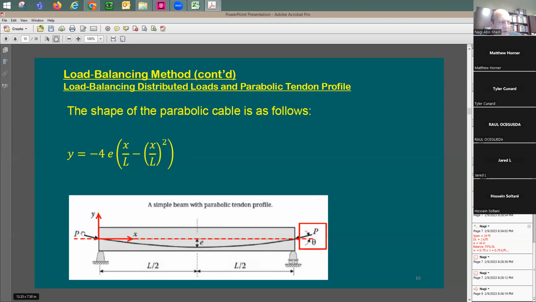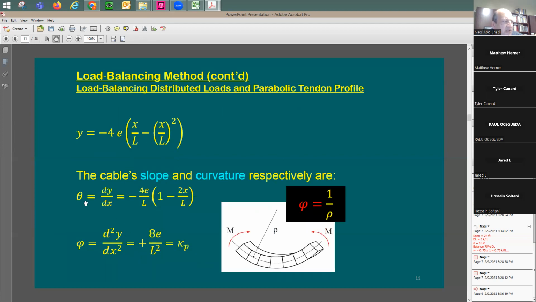If you want to figure out this slope, if you know the amount of e and you're interested in theta, you just need to find the first derivative, which is the slope, dy by dx. Yeah, you can do it this way. If you look for the curvature, you can do the second derivative. Okay, yeah, I hear about curvature. What's curvature? Curvature, this phi, is going to be equal to 1 over rho, which means the radius of curvature.